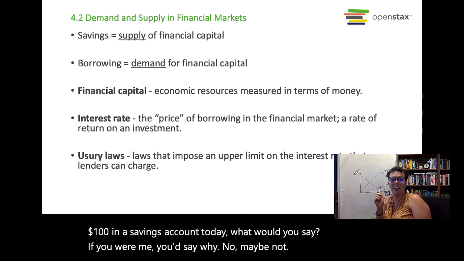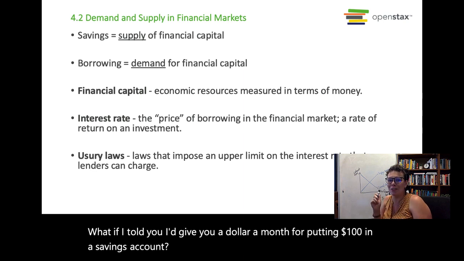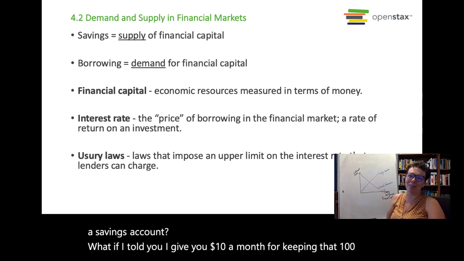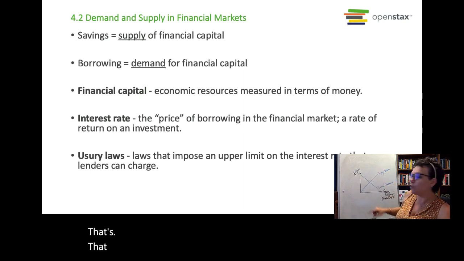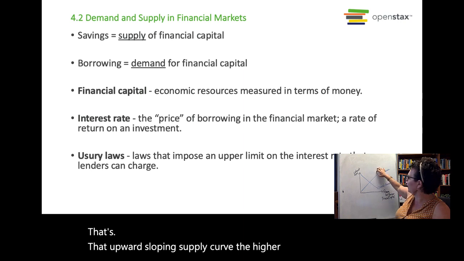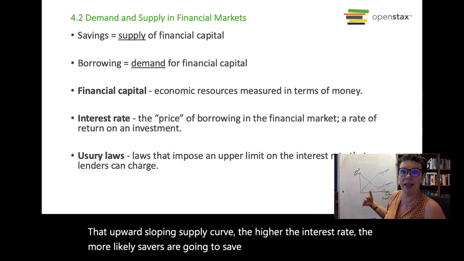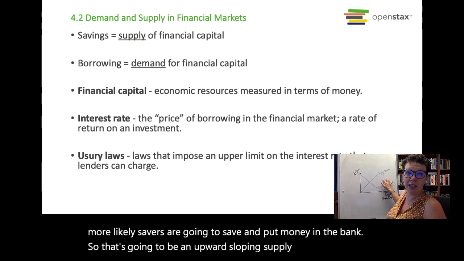What if I told you I'd give you $1 a month for putting $100 in a savings account? What if I told you I'd give you $10 a month for keeping that $100 in a savings account? That's that upward sloping supply curve. The higher the interest rate, the more likely savers are going to save and put money in the bank. So that's going to be an upward sloping supply of financial capital.